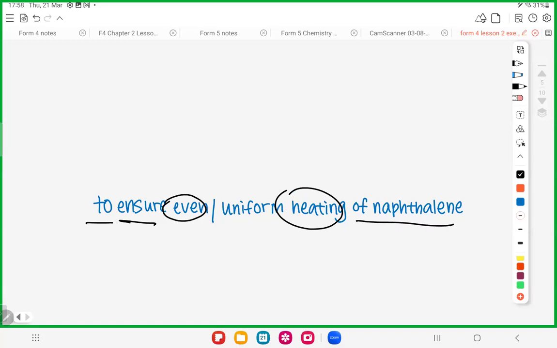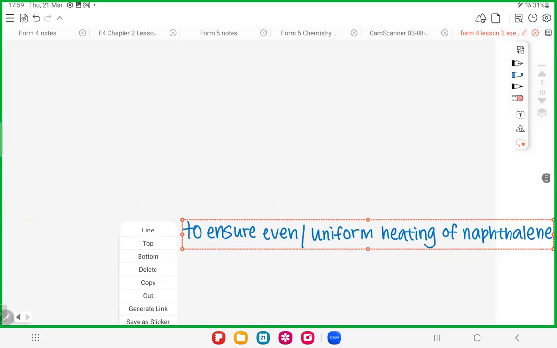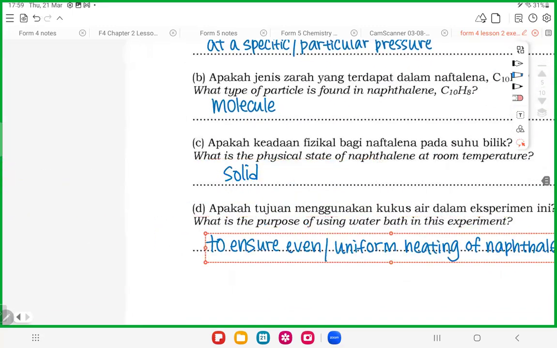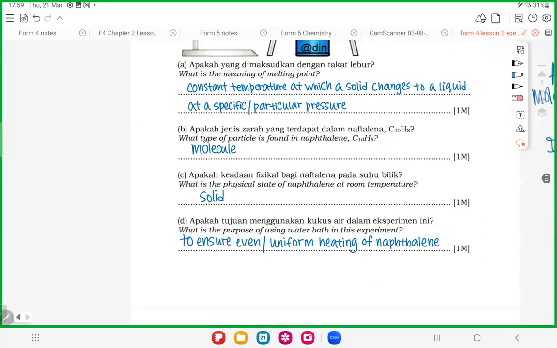If you only say to ensure uniform heating, they don't know what you are heating. So please tell them, I am heating the naphthalene. So to ensure uniform heating of naphthalene. So the answer that you give, try to make it as detailed as possible.